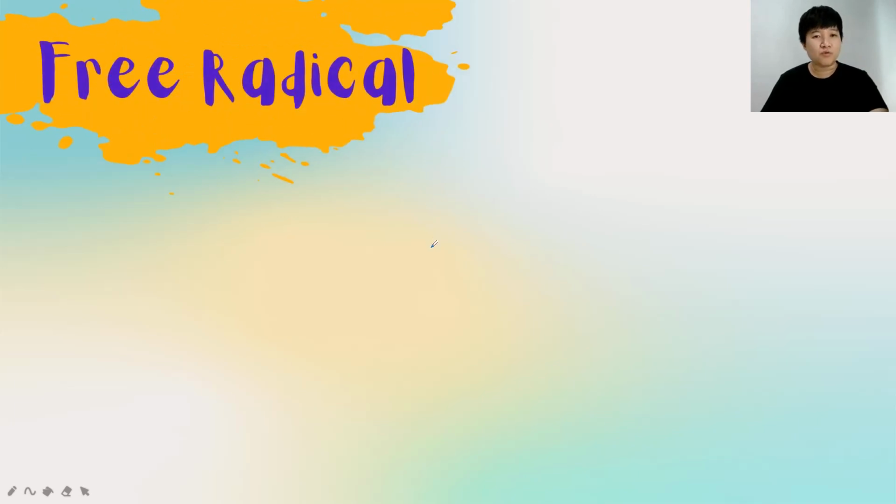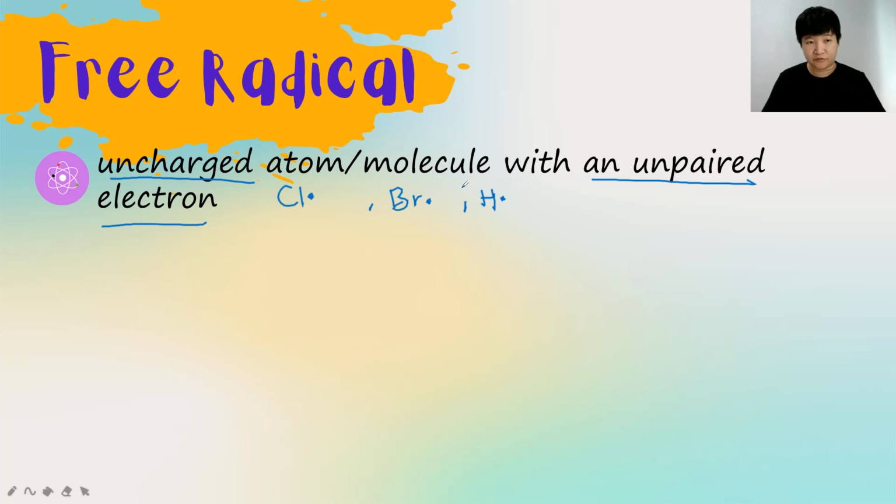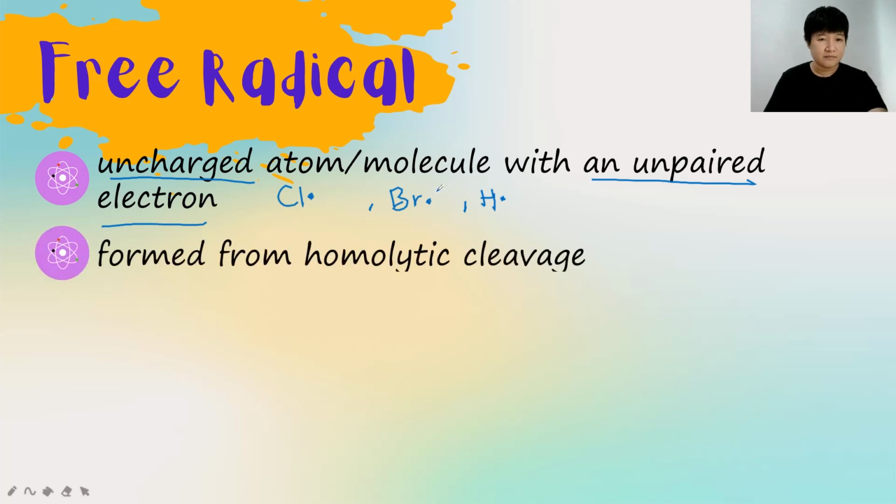So what is actually a free radical? A free radical is an uncharged atom or molecule with an unpaired electron. The single electron that you're holding in Cl just now, in Br just now, in hydrogen just now, and so on, that is your free radical. A free radical will be formed from homolytic cleavage.